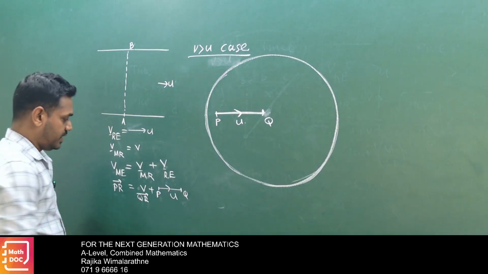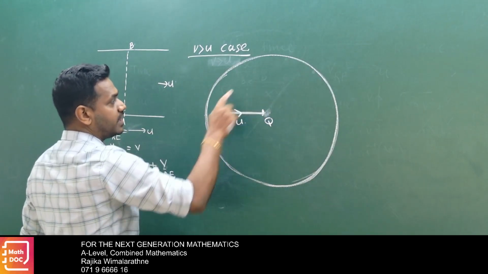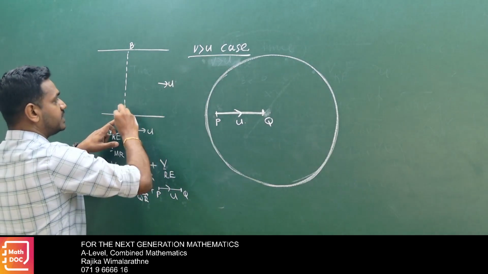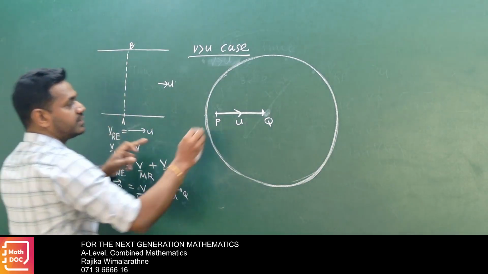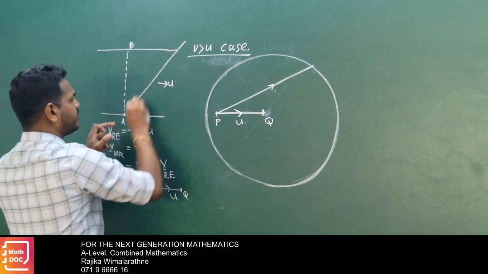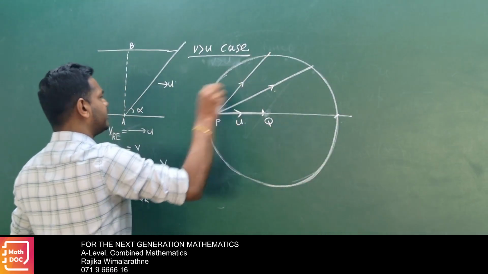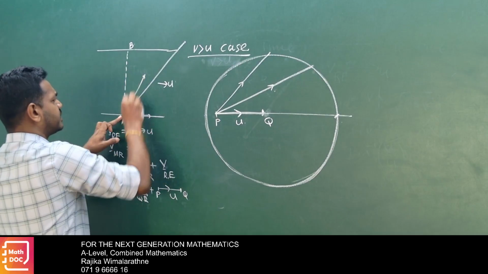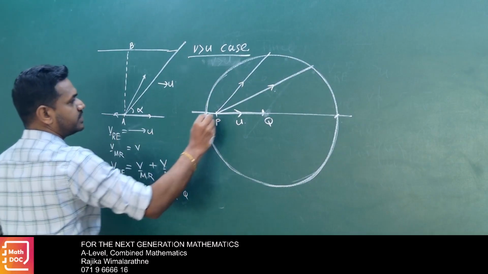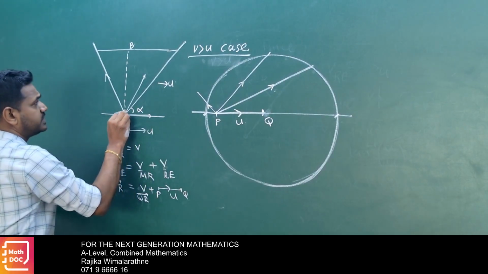Now PR means P to R. We can go along any direction. When V is greater than U, he can go along any path. This path is possible, downstream is possible, any other directions are possible, and upstream is also possible. Likewise, this path is possible.